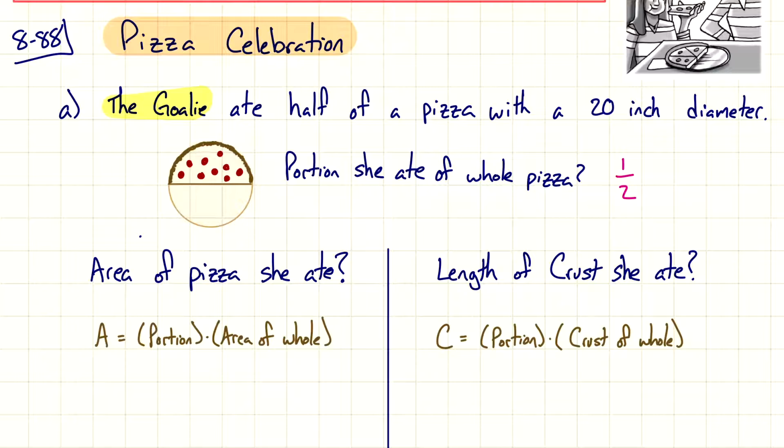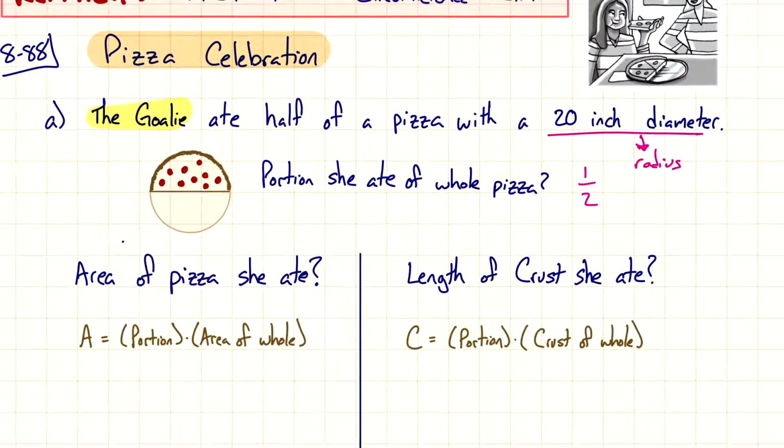Now, it does say that it was a 20-inch diameter pizza. So the one thing that you probably want to get out of this is, what's the radius? So the radius, what is that going to equal if the diameter is 20 inches?